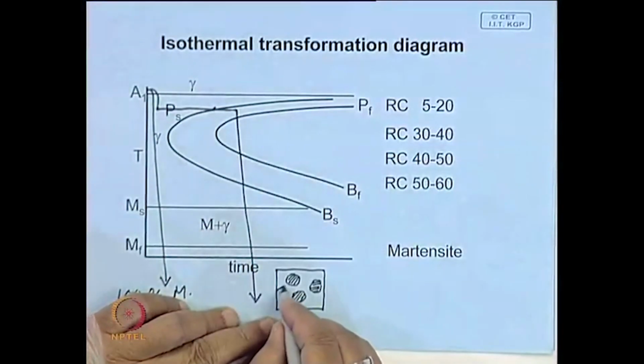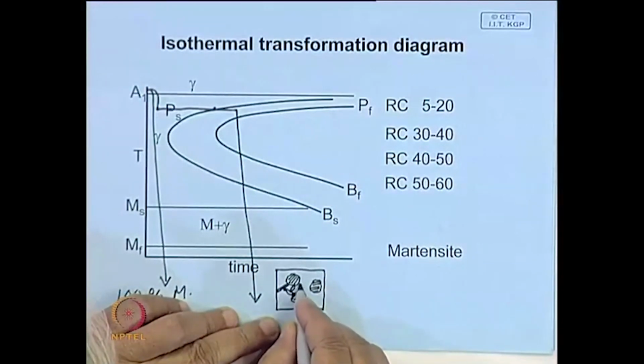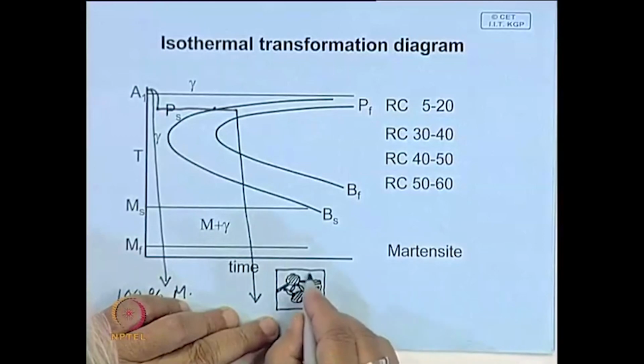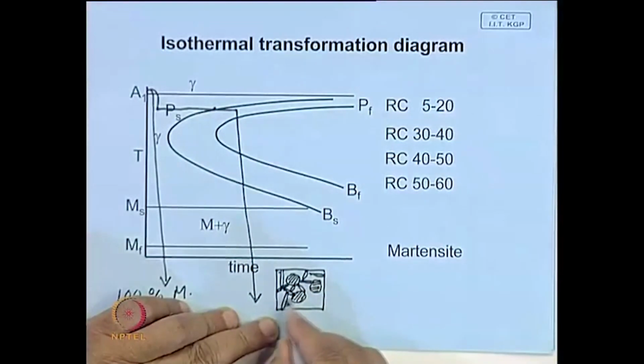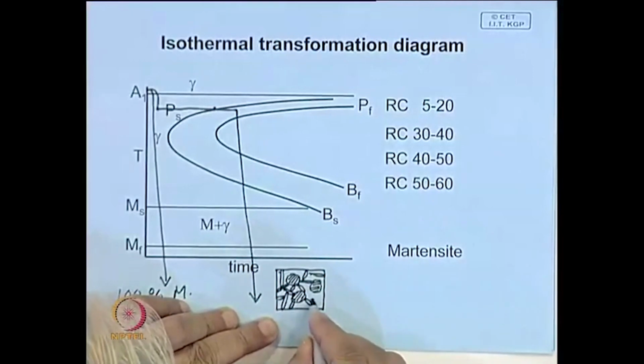So, here what will happen? You will have this type of needle like structure. This is martensite.